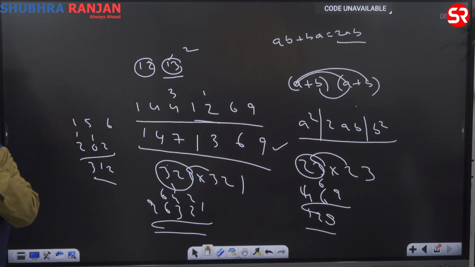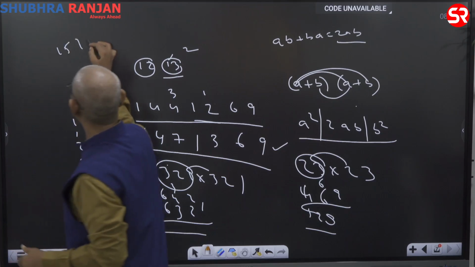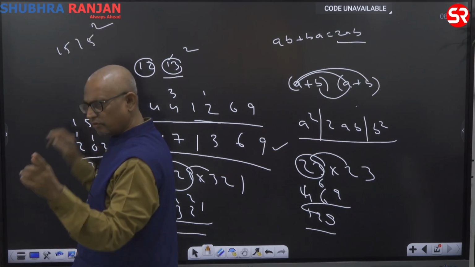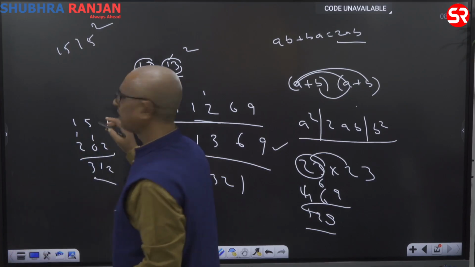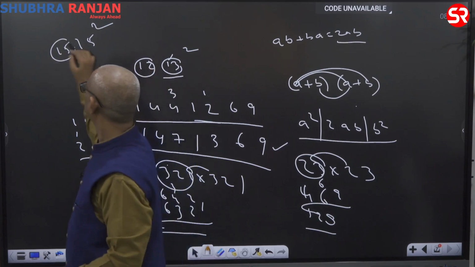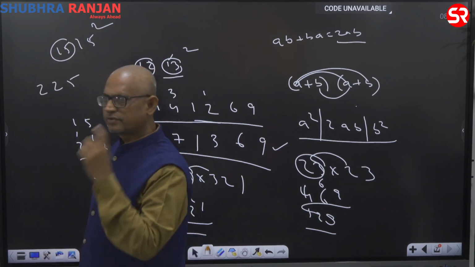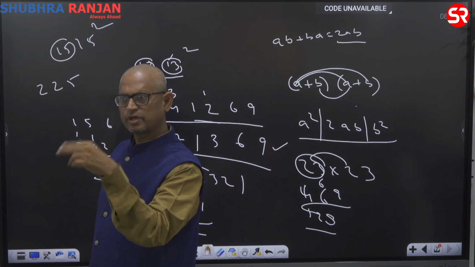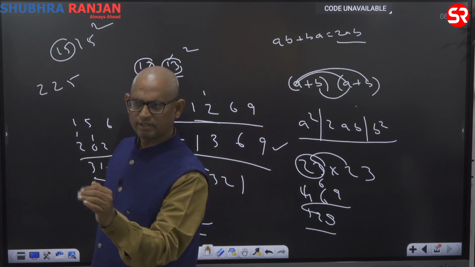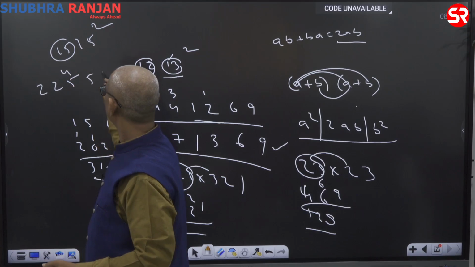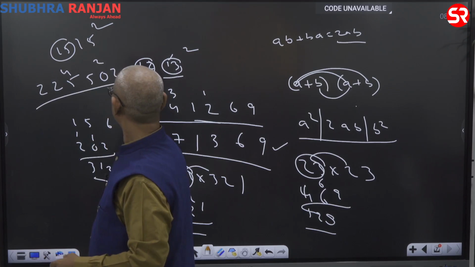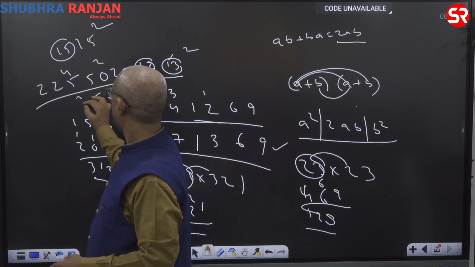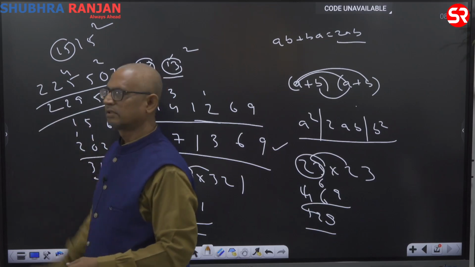Sir, 1515 square. You have to do the flow method or the (a plus b) whole square method. (A plus b) whole square method. 15 square is 225. 225, 225, 450. Again 225. Got it?